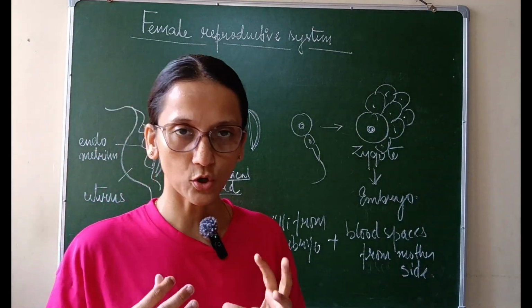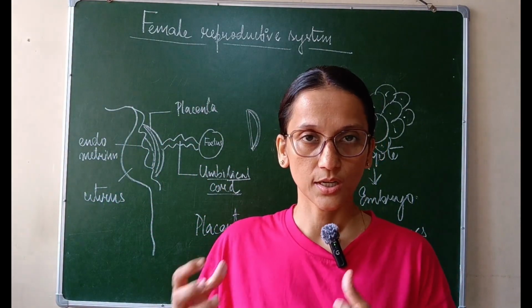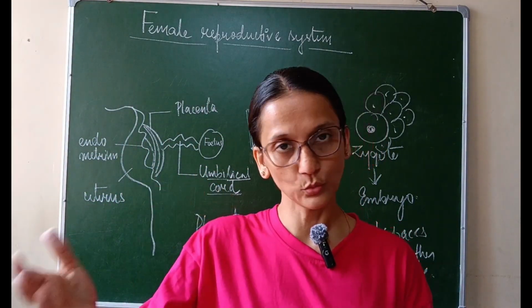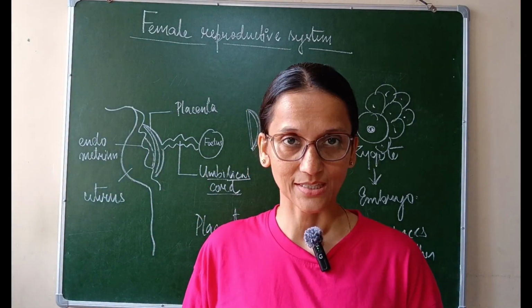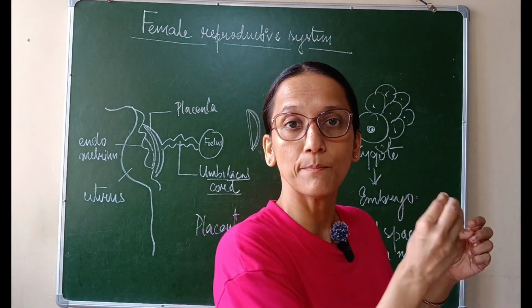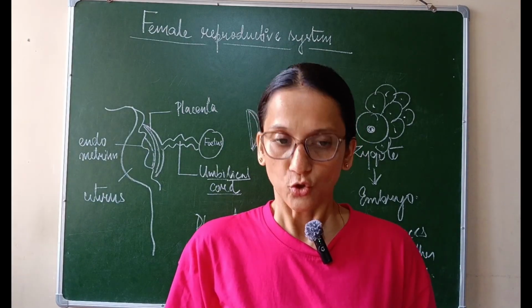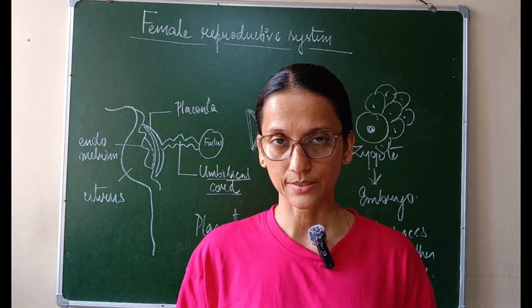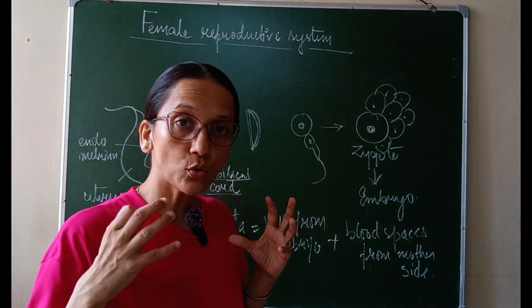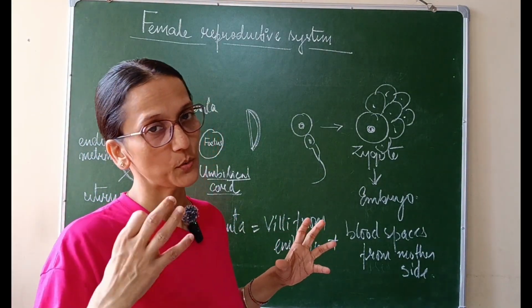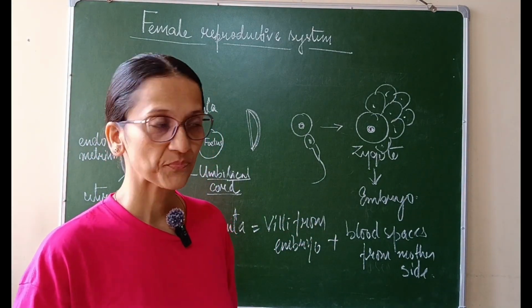Function of umbilical cord is to send oxygen and glucose from the mother's blood to the developing embryo and developing embryo का जो waste generate होता है उसको collect करके mother's blood में वापस कर देना, so that they get cleared from the fetus. So umbilical cord, placenta, they help to connect the mother's body with the developing fetus.